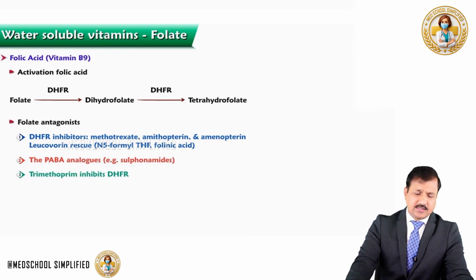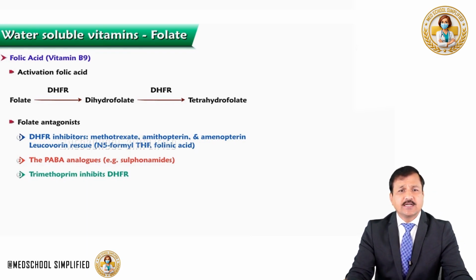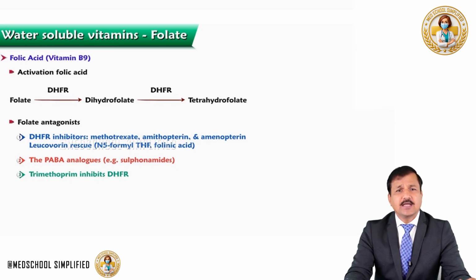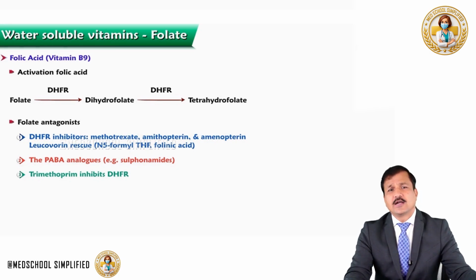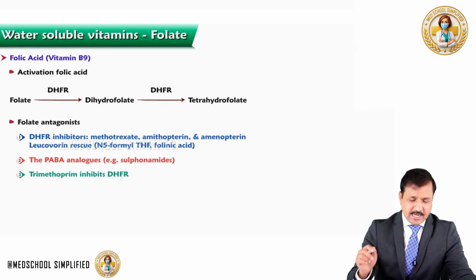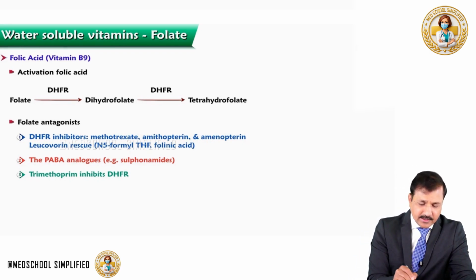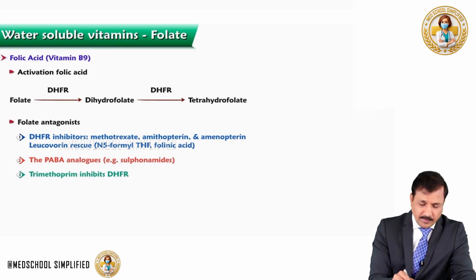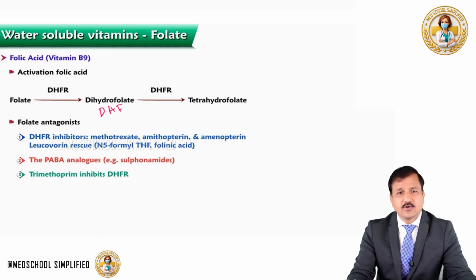Now let's see sequential activation of folic acid. It will be done by a single enzyme, that is dihydrofolate reductase. And this dihydrofolate reductase is going to add 2 protons initially to folate to make it dihydrofolate.